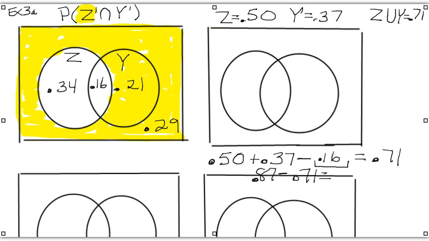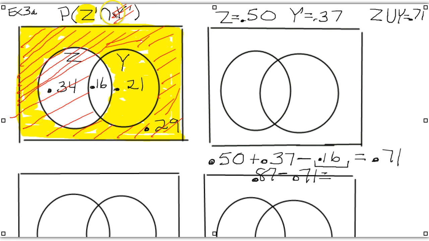We're now going to sketch in red Y complement. So everything outside of Y. And the way this is set up now, we're looking for intersection. Where do we find yellow and red together? And we have it summarized again as what is outside here. So this is going to be 0.29.